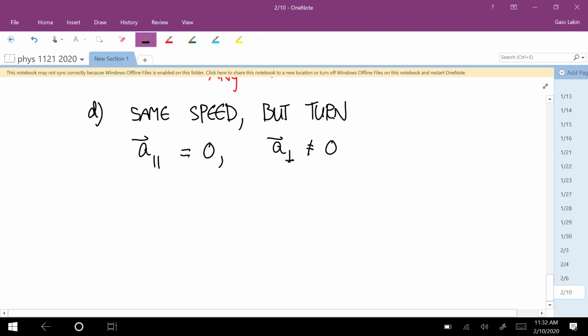so let's see, we have a vector like this, that's v0. Say we wanted to come up with an acceleration vector like this. Well, the slope of the velocity is -1/3.